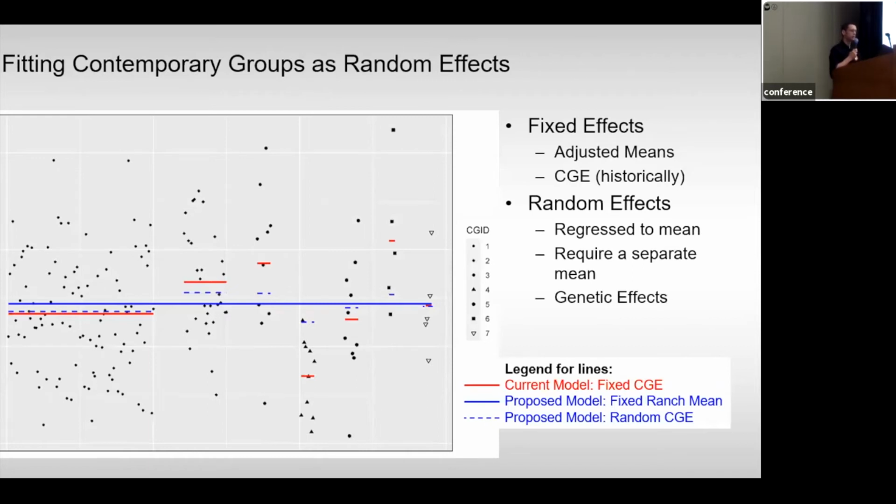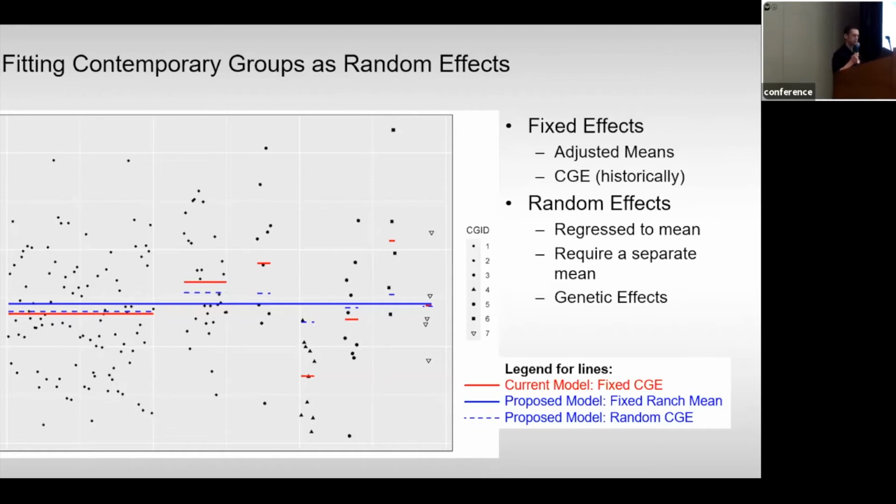So to provide some examples here of contemporary groups and different ways to actually model those, we're going to go through a series of simulated examples. And just to orient you here, on the y-axis, the trait is weaning weight, and so that's in pounds. We have 7 different contemporary groups here denoted by different symbols.